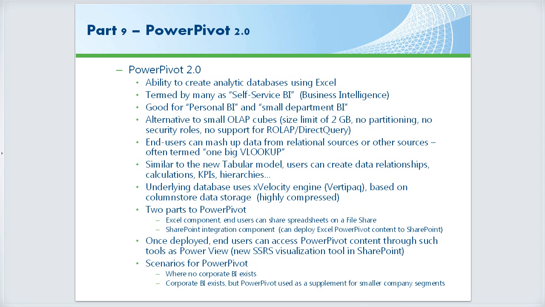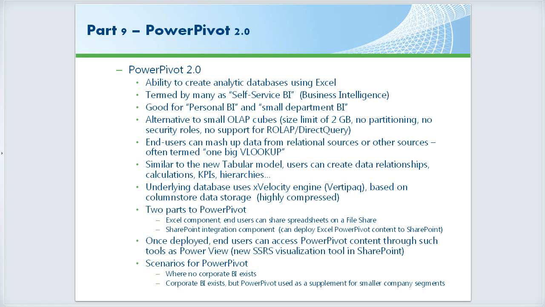So it allows end users or power users to point to different data sources, whether it's relational databases, data marts, or even text files or spreadsheets, and create the equivalent of a star schema OLAP database under the hood in Excel. Now, it's not intended to be a full-blown replacement for Analysis Services.